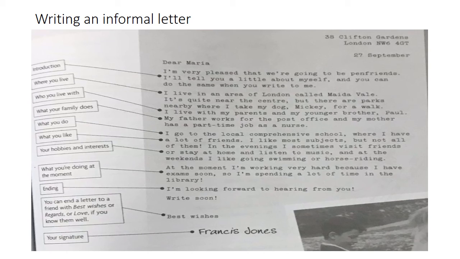After that, tell him what you are doing at the moment. At the moment, I'm working very hard because I have exams soon, so I'm spending a lot of time in the library. In the end, you can tell him, I'm looking forward to hearing from you soon. At the end of a letter to a friend, you can write best wishes, or regards, or love.